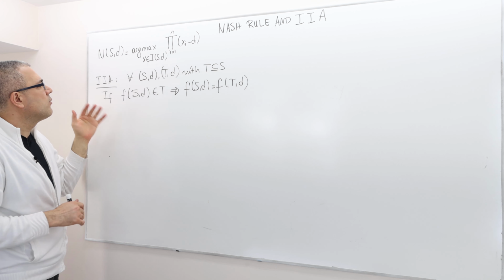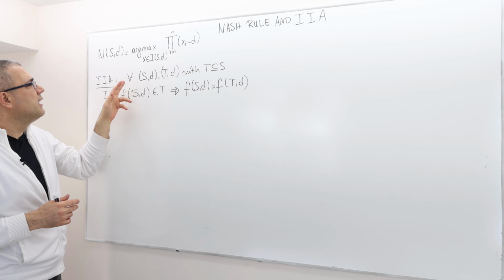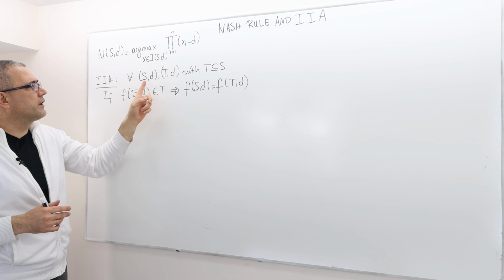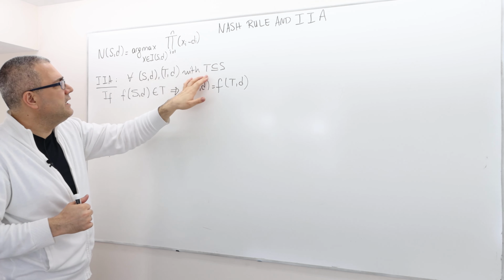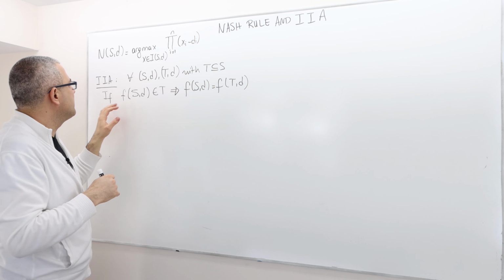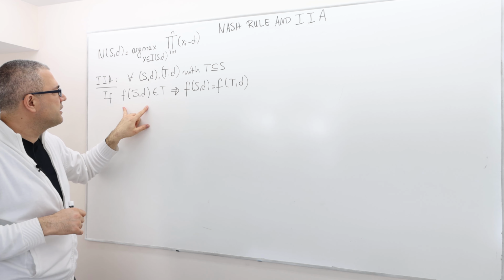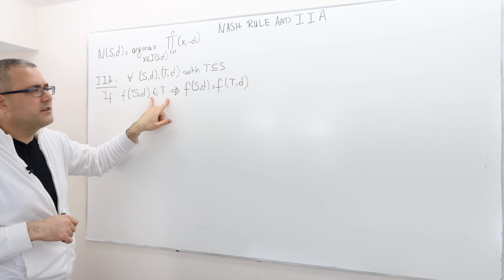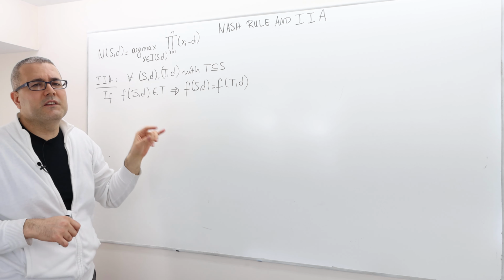What was IIA? Well, a bargaining rule F does satisfy IIA if for any two bargaining problems (S, d) and (T, d) — don't forget the disagreement points are the same — such that T is a subset of S, so T is a smaller bargaining problem than S, and if the bargaining solution of bargaining problem S is in fact an element in set T, then the bargaining solution of S and T must be the same.